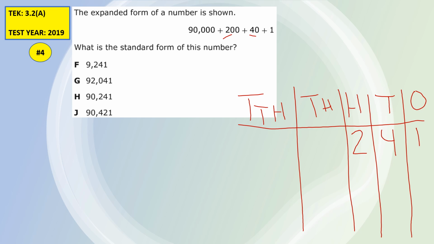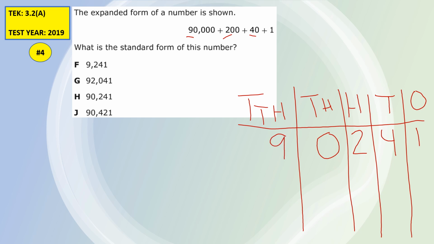Well, there is no thousand number, like a 1,000 number, that would have a digit in the thousands place. So we're just going to write a 0 here. 90,000 would belong in the 10,000s place. And there's a 9 in the 10,000s place. So we're going to write a 9 under the 10,000s place.